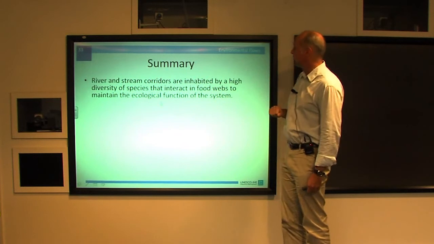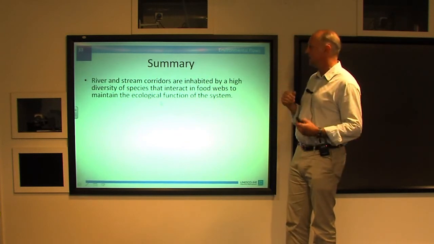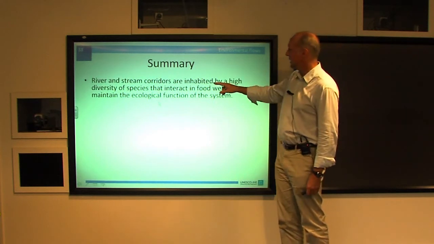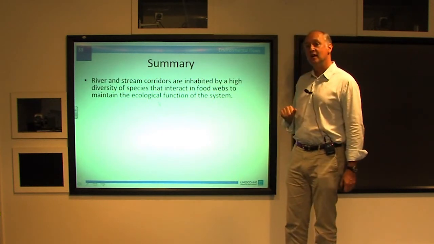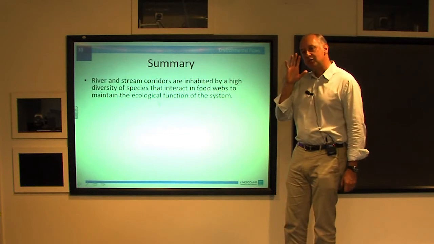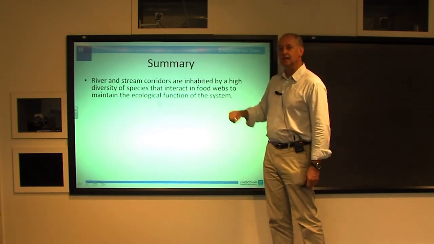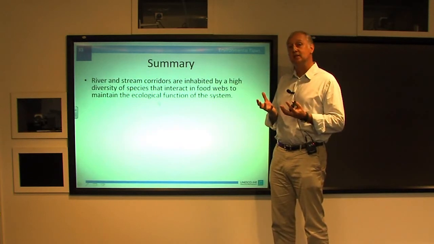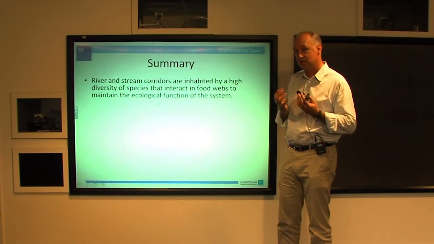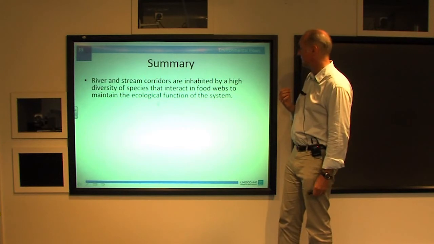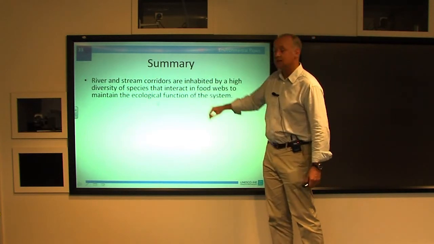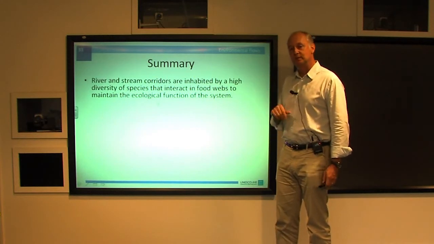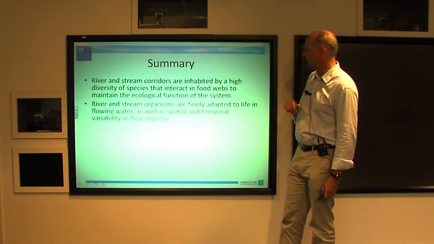We found that river and stream corridors are inhabited by a high diversity of species that interact in food webs to maintain the ecological function of the system. So biotic structure in the composition of organisms that are present, physical structure in the geomorphology of the system, which is also strongly influenced by flow, combining to influence and maintain function, which ultimately yields services to humans.